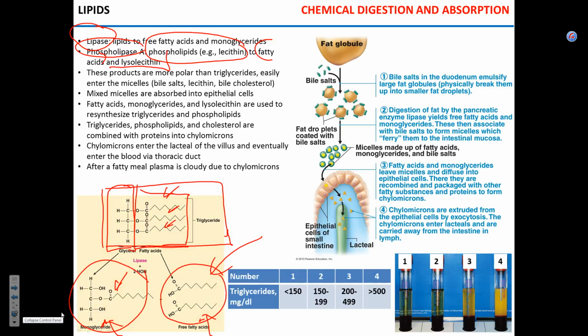Now we need to step back and take a look at other components of the digestive process, the bile specifically speaking. One of the major components of the bile are the bile salts. They're highlighted here, some greenish things. The bile salts, what is so interesting about them? They have some interesting properties. They have two groups.